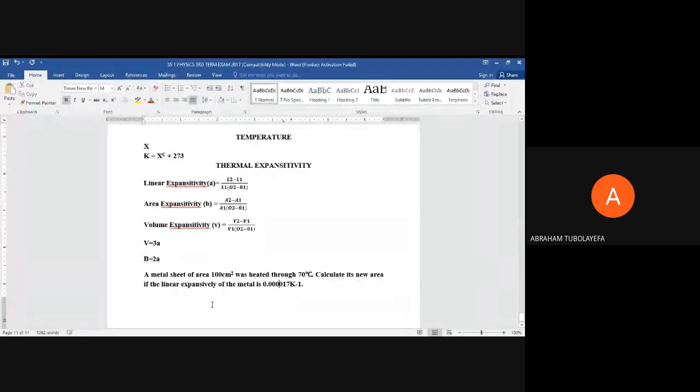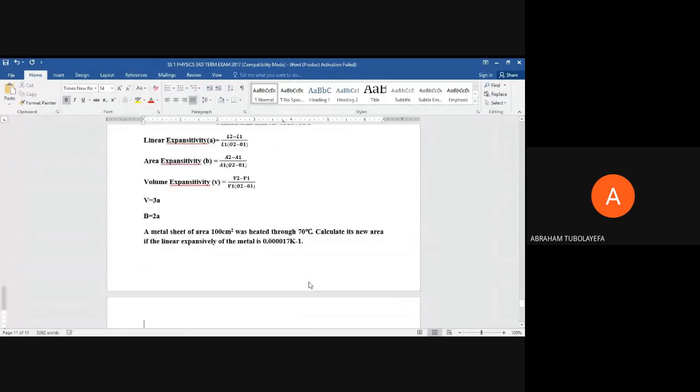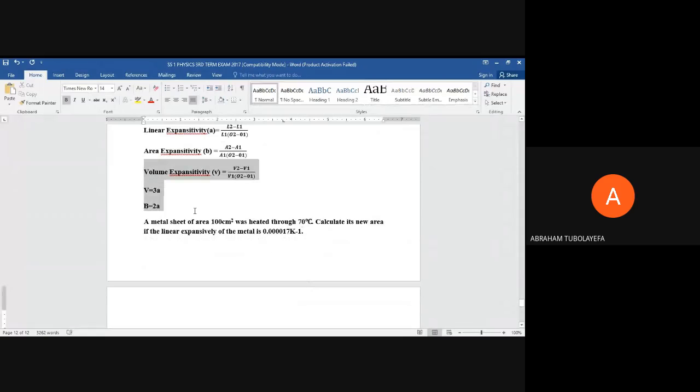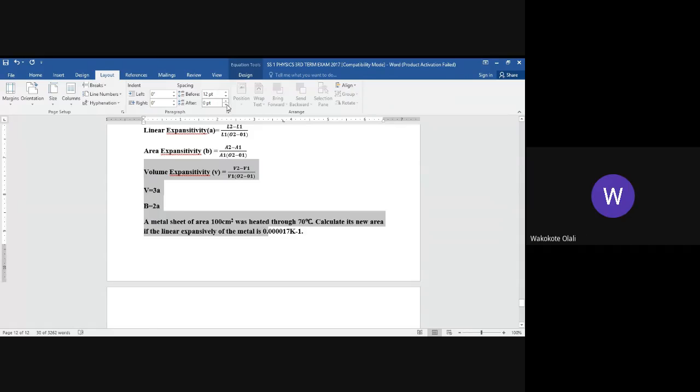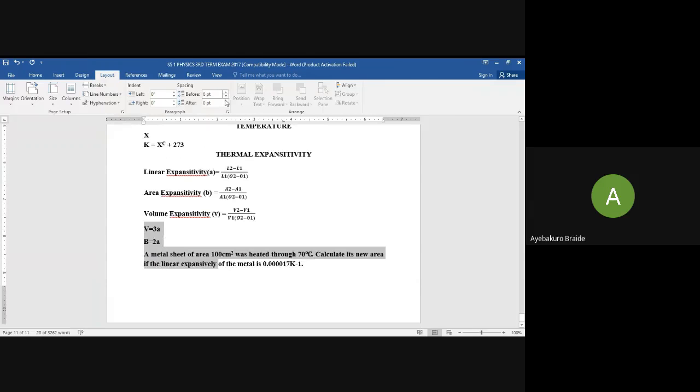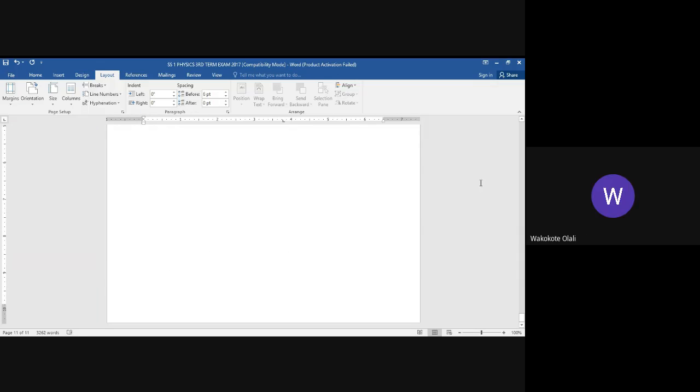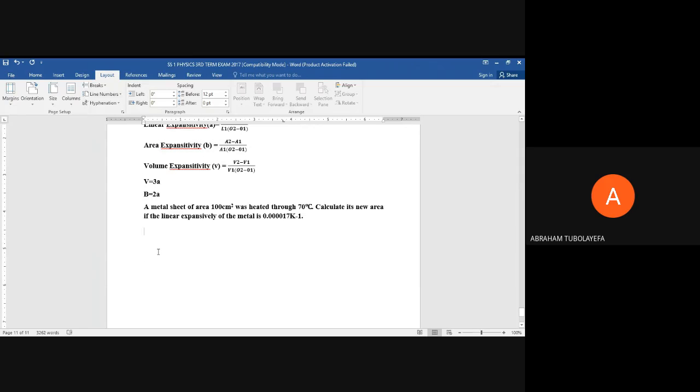If you make V2 the subject of the formula, what are you going to have?